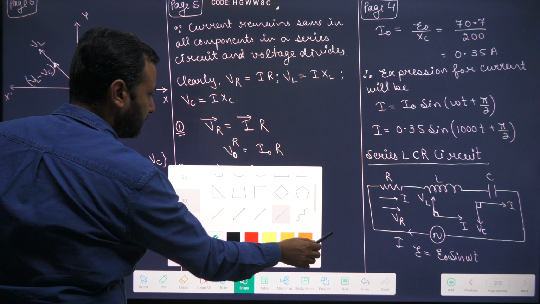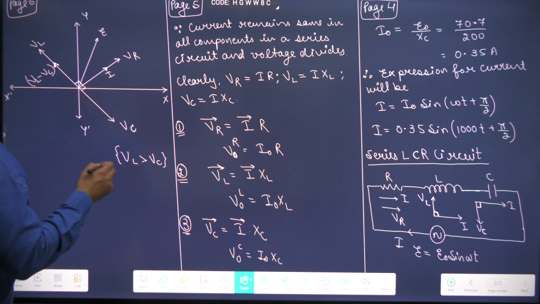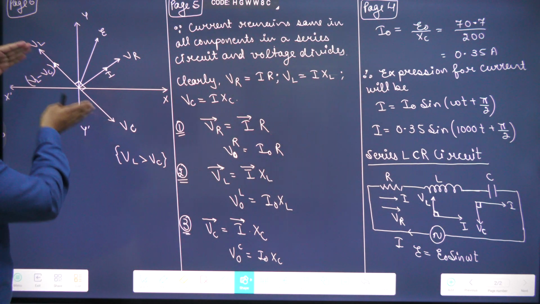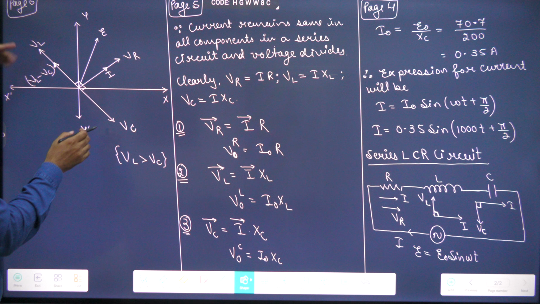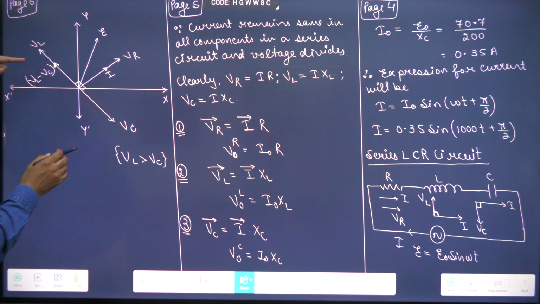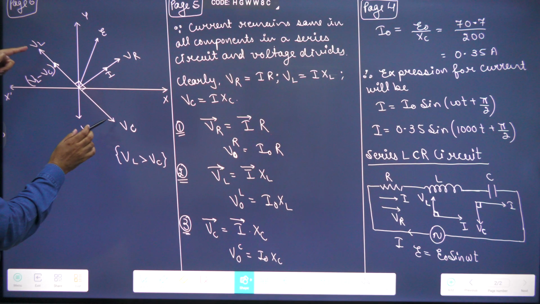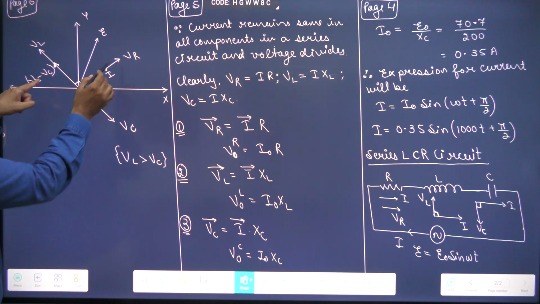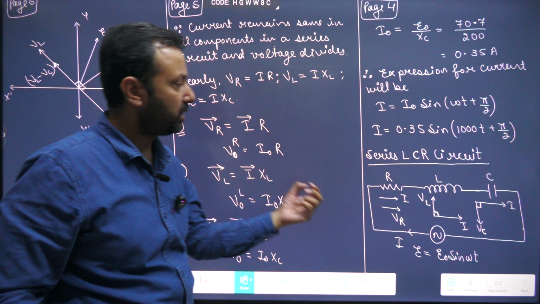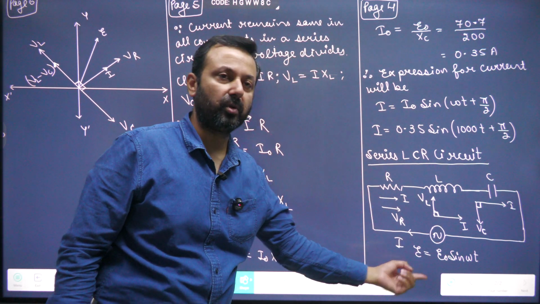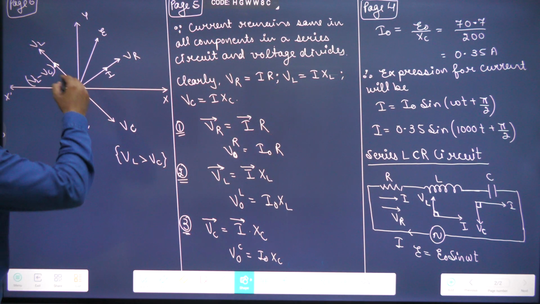Okay, and then I'm going to add. This one, VL and VC, actually we add them, but they are oppositely directed. That's why I have subtracted. So VL minus VC is the resultant of VL and VC. Now this VL minus VC will get added to VR. I want to add VR, VL and VC, and this total should be equal to E. So vectorially we are adding.